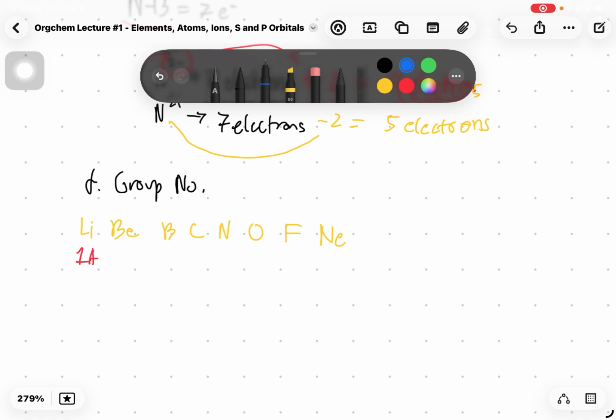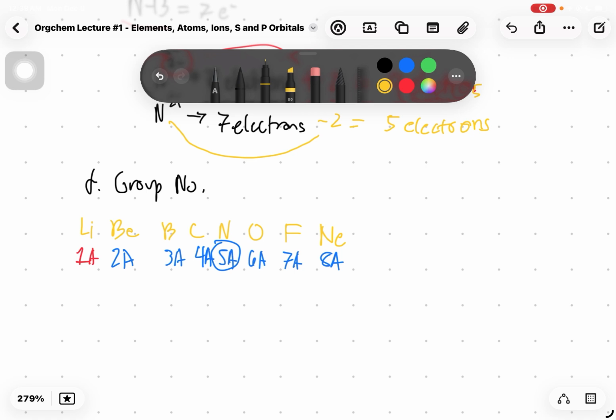Let's write in blue, sorry. Our beryllium is in 2A, boron would be in 3A, carbon in 4A, nitrogen in 5A, oxygen in 6A, fluorine in 7A, and neon in group 8A. So, this means that our group number should be 5A for both N13 and N14.